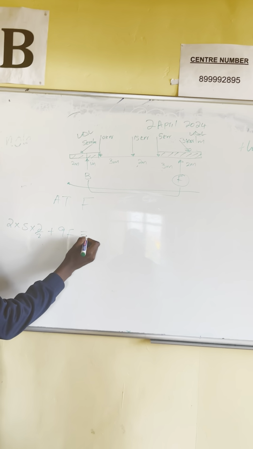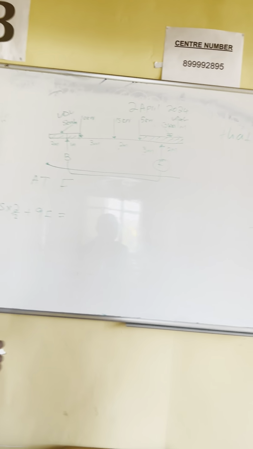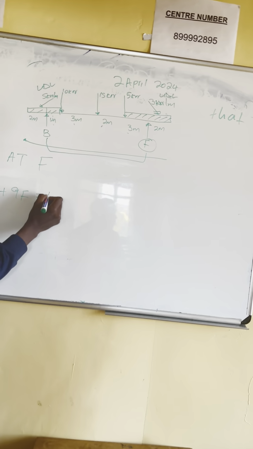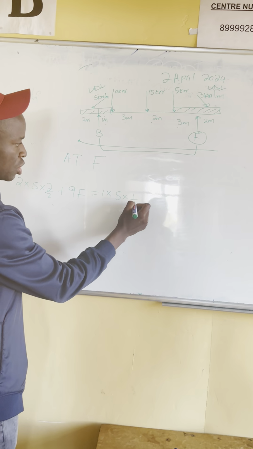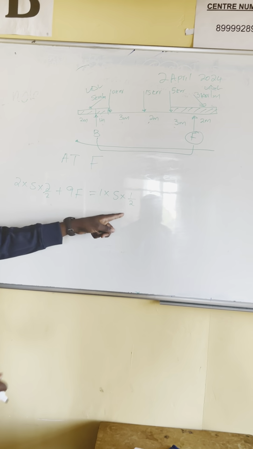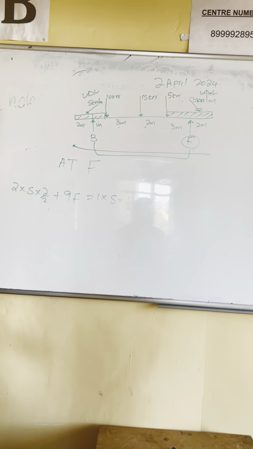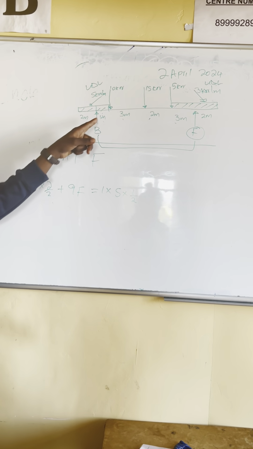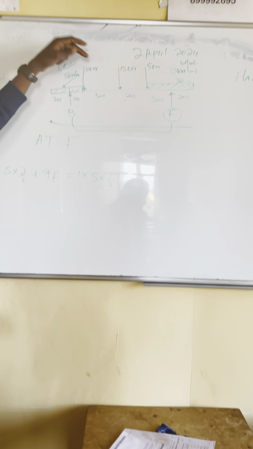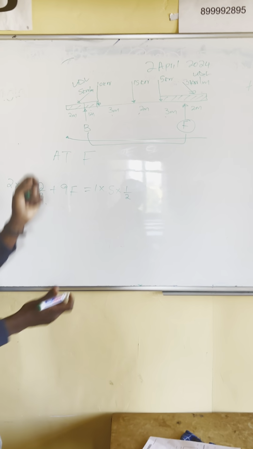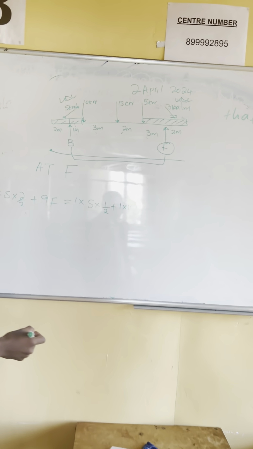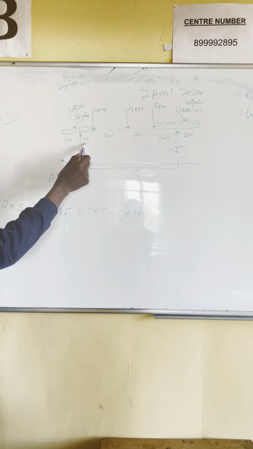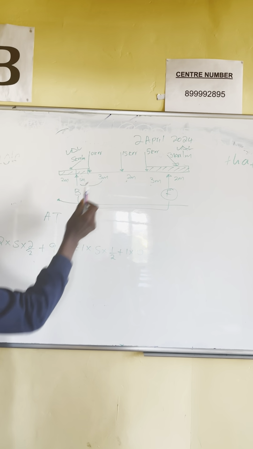You say it's equal to, because now you are inside the UDL, 1 times 5 times 1 over 2. Because 1 times 1 over 2 is 1 over 2. And now you say, okay, you have a normal load, it becomes 1 times 10. You say plus 1 times 10, like this. Now you say 1 plus 3.